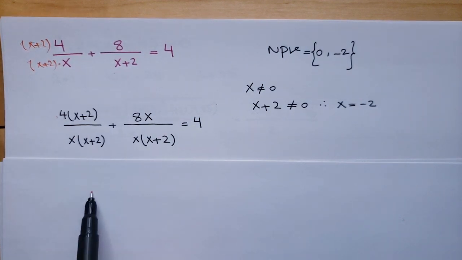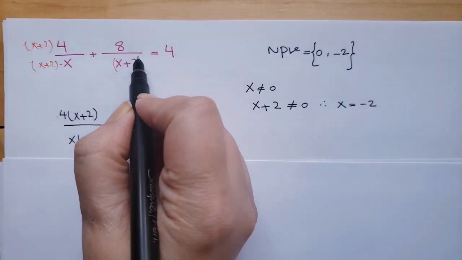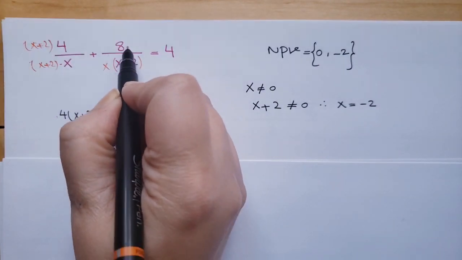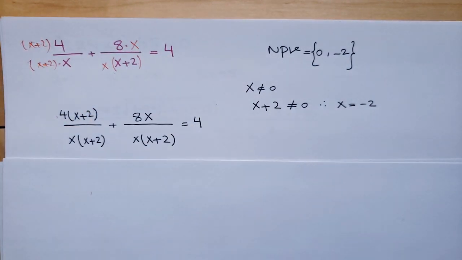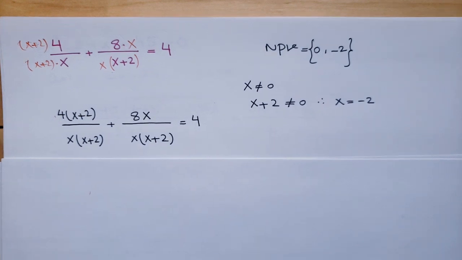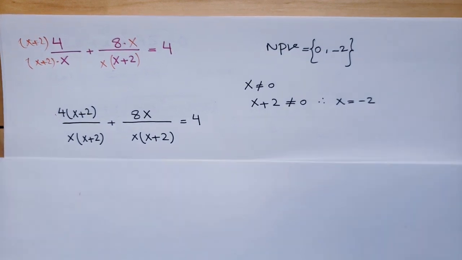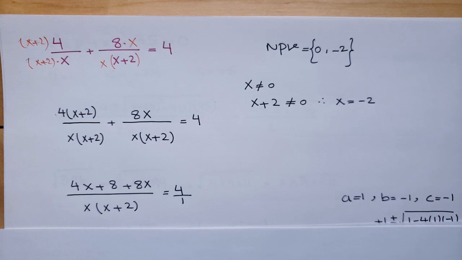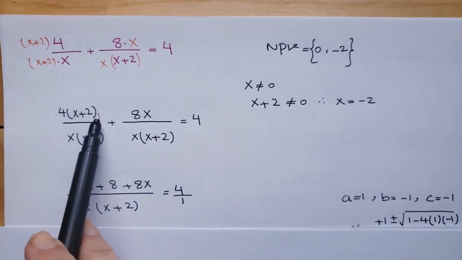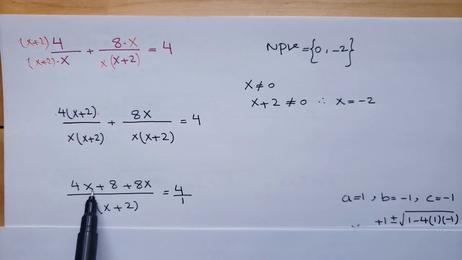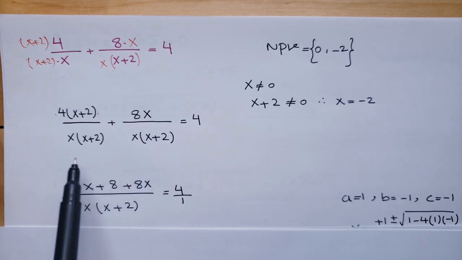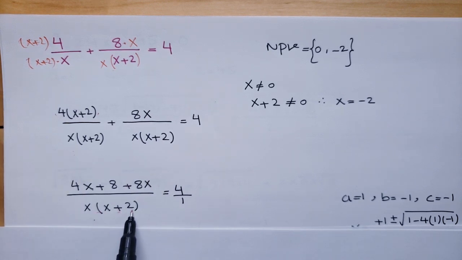And the second fraction, I have to multiply it by x. So I have to do the same here, right? After this, I have to just simply do simplification. So let's say 4x plus 8 from the first fraction, 8x here. And on the denominator, I have x multiplied by x plus 2.